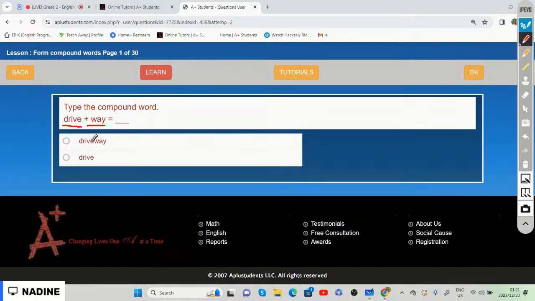Is it driveway or is it just drive? What is the compound word? We combine those two words, drive plus way.